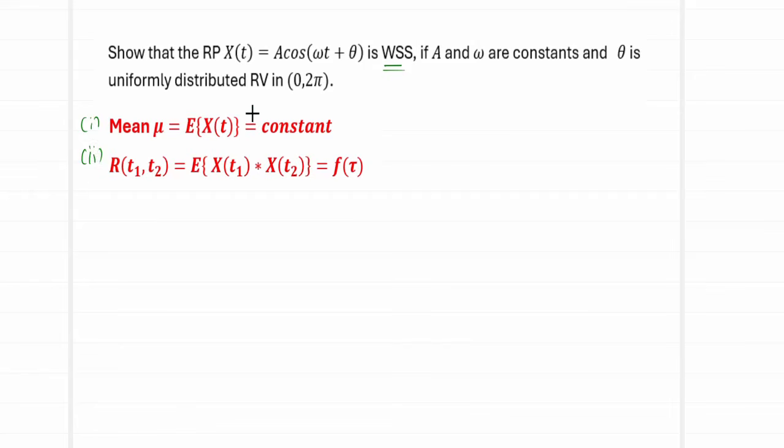Now the second thing to observe. Over here, A is a constant and omega is a constant. This theta, which is inside the cos and is an angle, has been defined as a uniformly distributed random variable in the interval 0 to 2 pi.